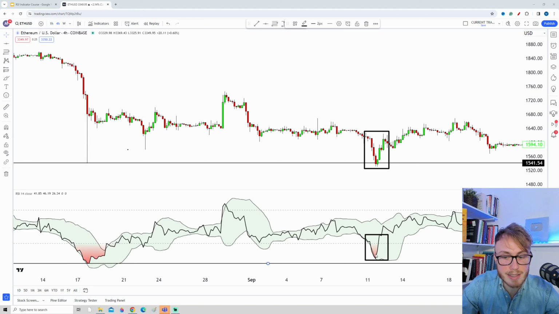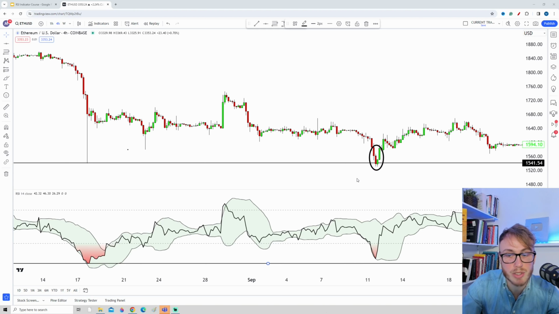This basically means that we are expecting increased volatility. So we are expecting a large move either here to the upside or the downside. But if we study the price action here, we can actually see that we started to see bullish price action. We started to see a bounce coming in at this level. And at the same time, we are expecting a large move. And since we saw a bounce, we are expecting this bounce to be rather large. So this right here was a very interesting buying opportunity.